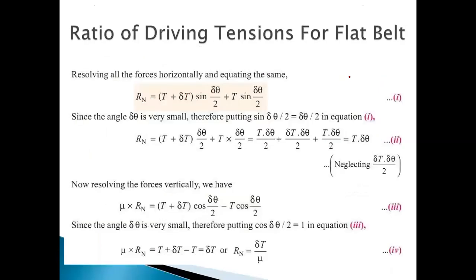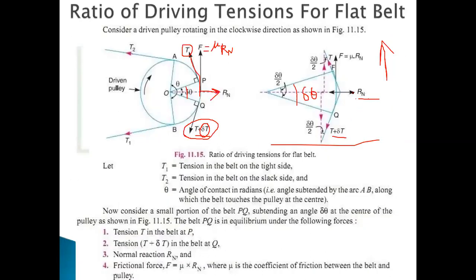So we are resolving all the forces horizontally and equating the same, right? On either side, the summation of the forces is equal. In this horizontal direction, there is one force, Rn, the normal reaction. And in the opposite direction, the forces generated are, one is the T, tension in the slack side, right?